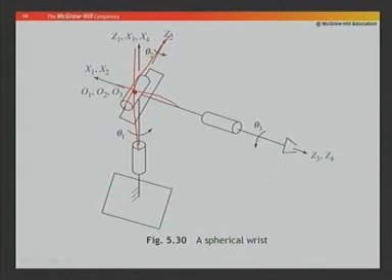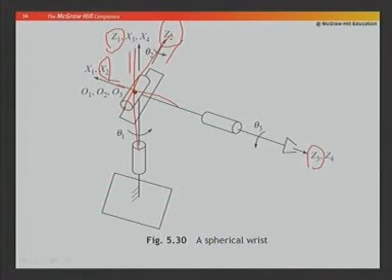So, I put my first joint axis Z1, the second joint axis Z2, and the third joint axis Z3. The perpendicular between Z1 and Z2 is x2. So, I have defined it here as x2.